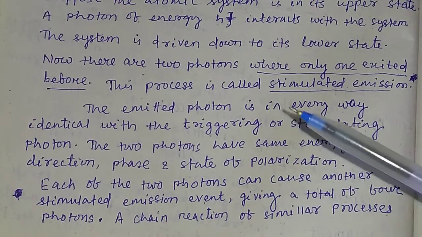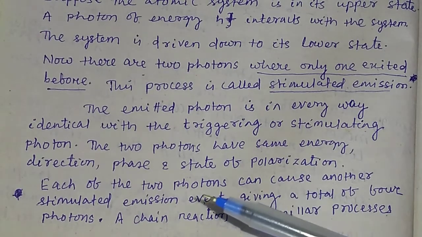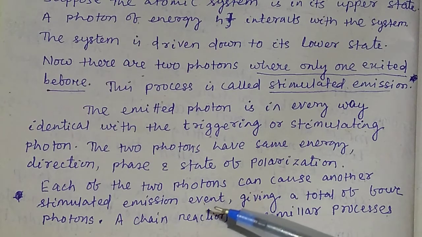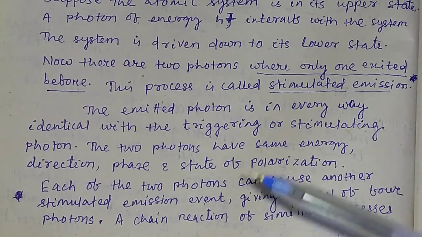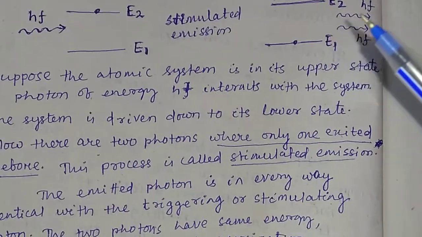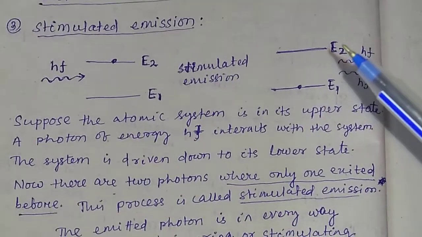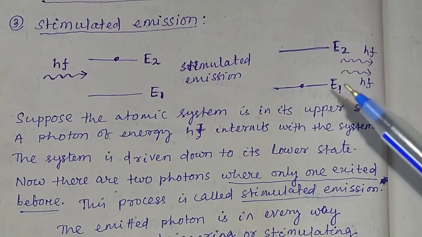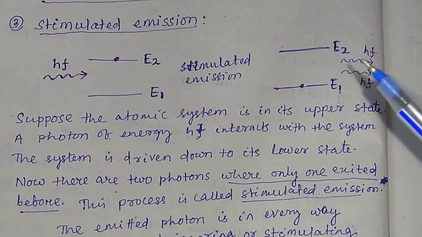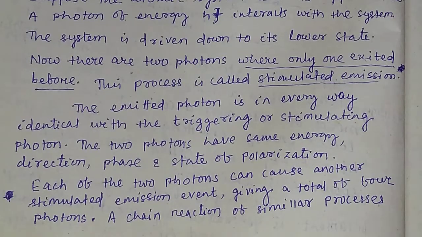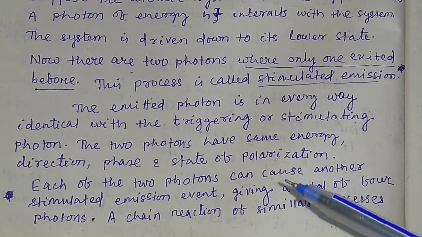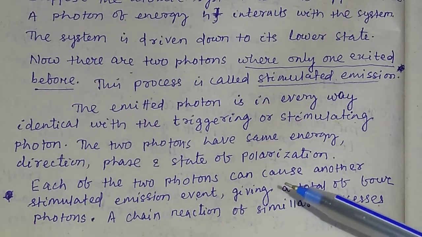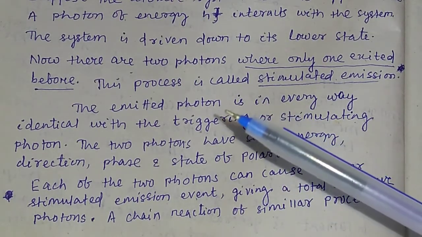Each of the two photons can cause another stimulated emission event, giving a total of 4 photons. In this way, a chain reaction takes place.